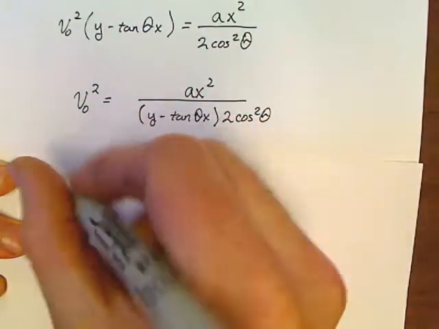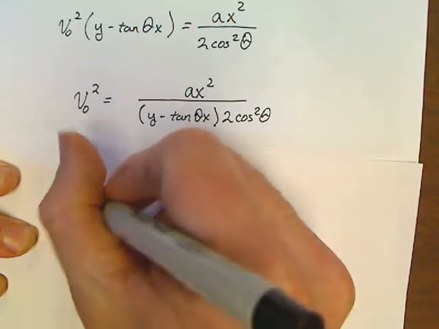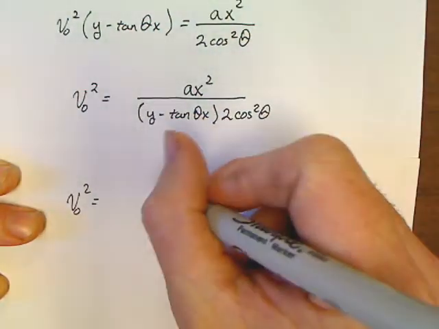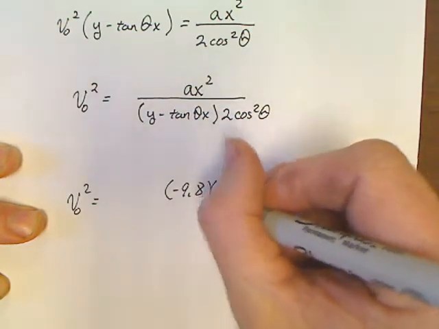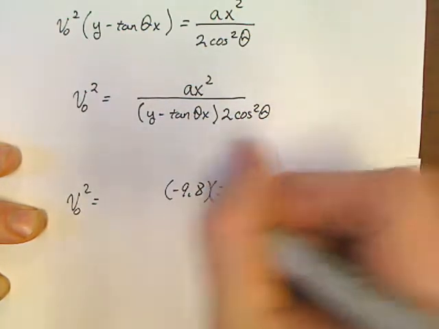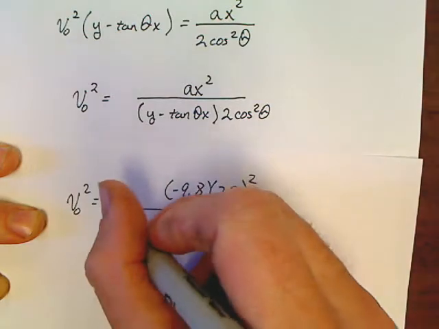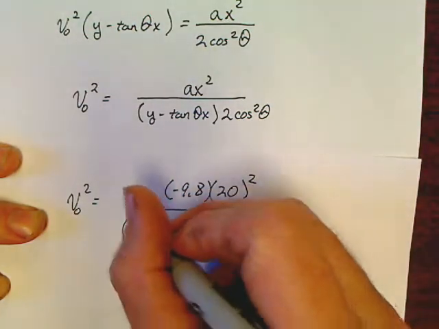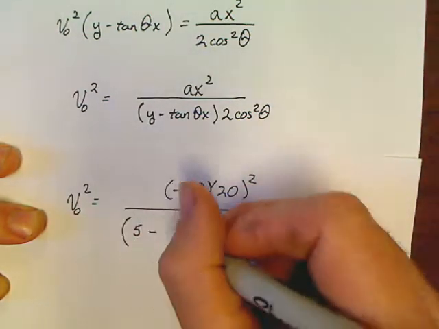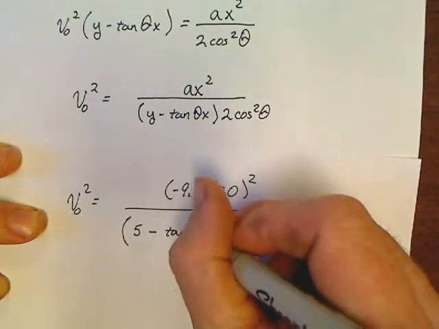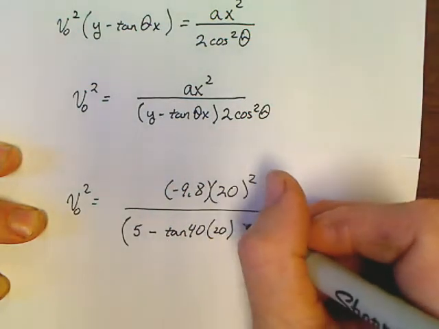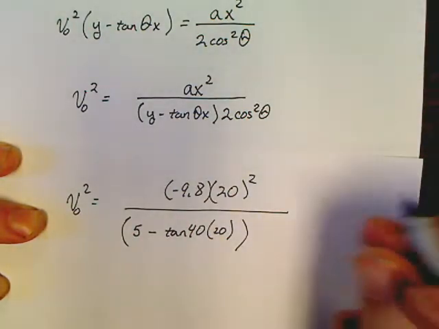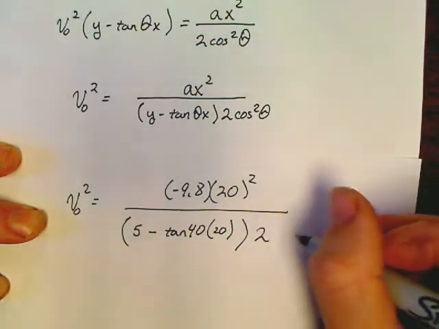Plug in our numbers. So V0 squared would be equal to negative 9.8 times x, which was 20, squared over y. y was 5 minus tangent 40 times the 20. Boom, all that in the parenthesis, times 2.